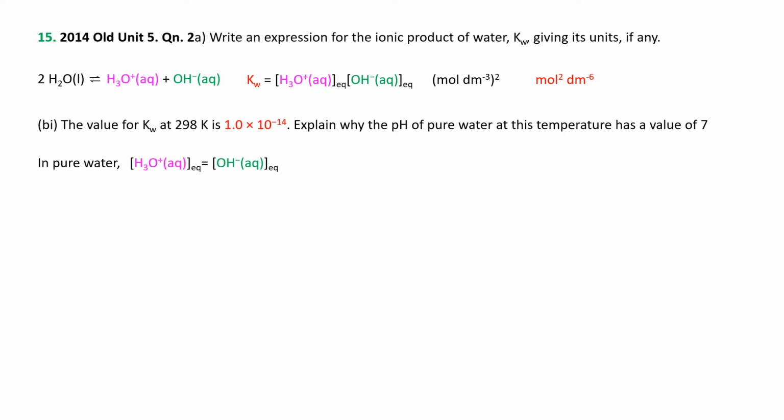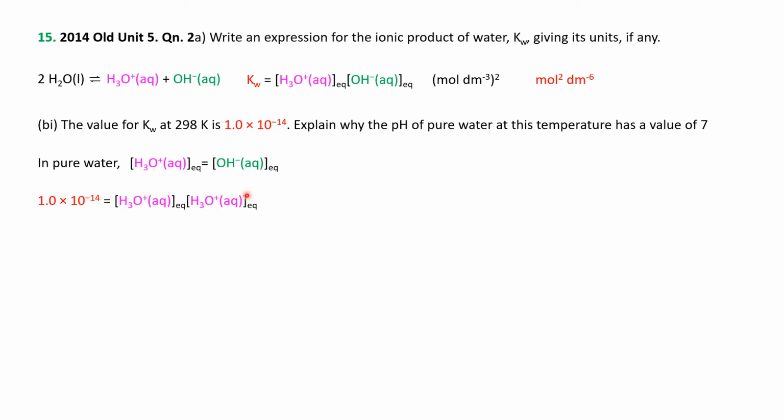Well, in pure water, the H3O+ and the OH- concentrations are equal. Kw, 1 times 10 to the minus 14, equals the H3O+ concentration times the OH- concentration, but the OH- concentration is equal to the H3O+ concentration.